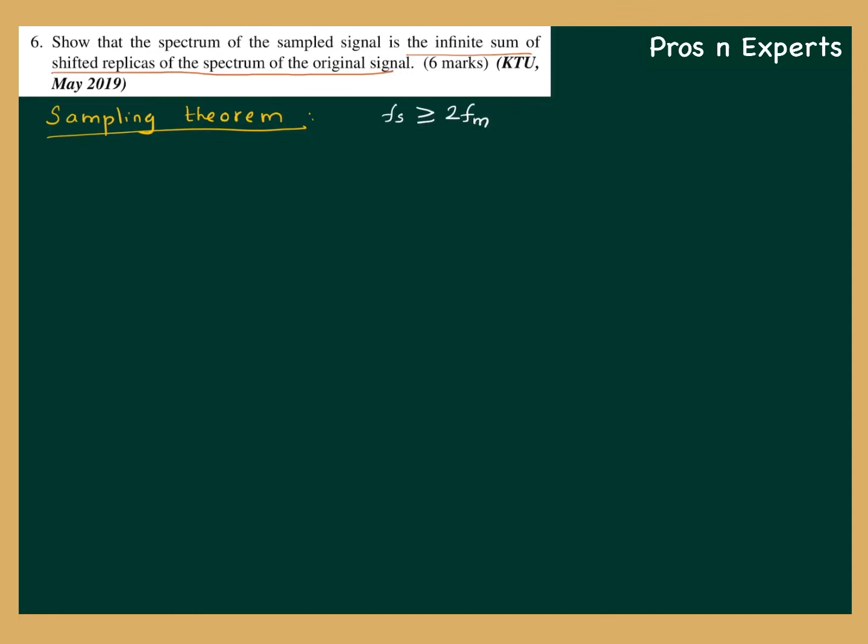Before starting the solution, let me explain how the sampled signal is formed. A sampled signal is formed from a message signal. Let m of t be your message signal. Then the sampled signal, let me call it x del of t, is obtained by simply multiplying m of t with a periodic impulse train p of t.